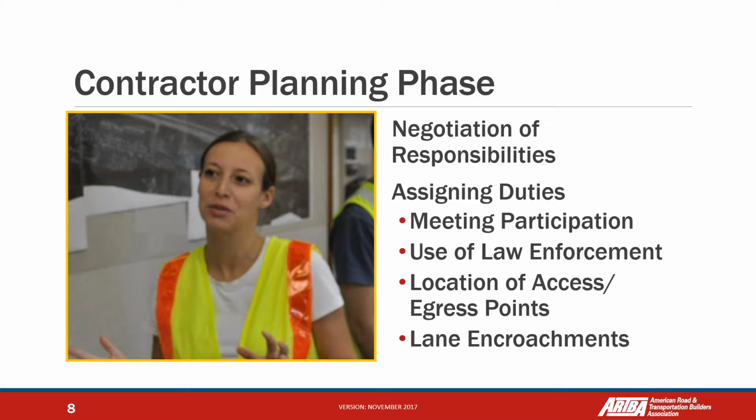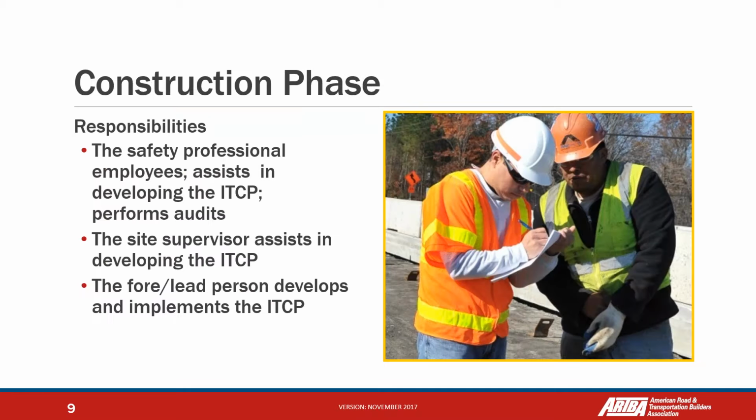Assigning duties, meeting participation, who is going to participate in these meetings at every level of responsibility, use of law enforcement, contacting the law enforcement, location of access and egress points in the area, line encroachments. So these are things that we need to discuss.